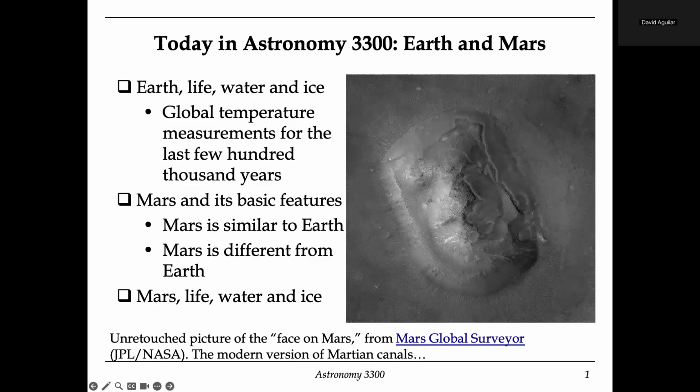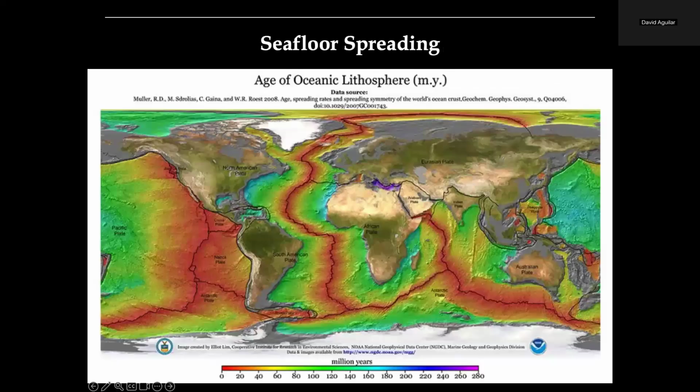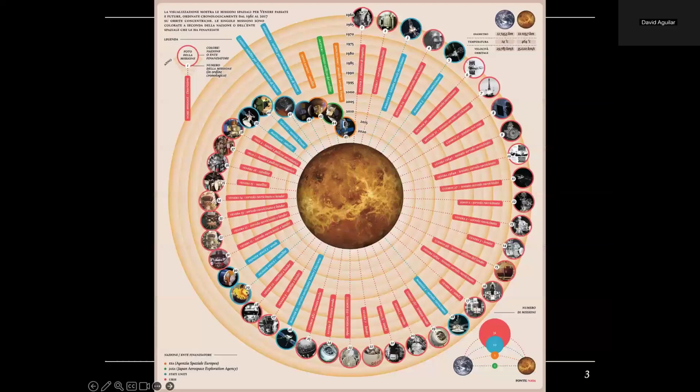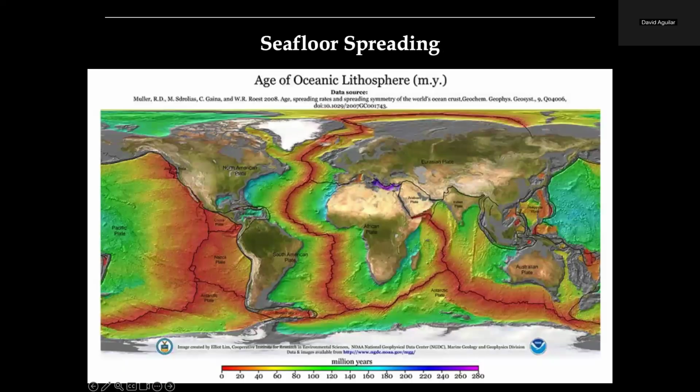So speaking of that planet, okay. This is a slide that I like to show in my intro astro class, but apparently you guys didn't see it or didn't memorize it. So this one is the age of the oceanic lithosphere.